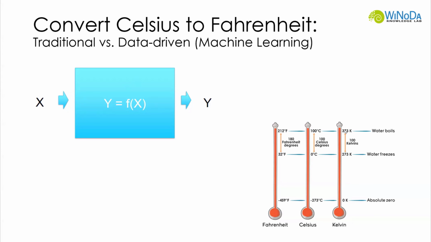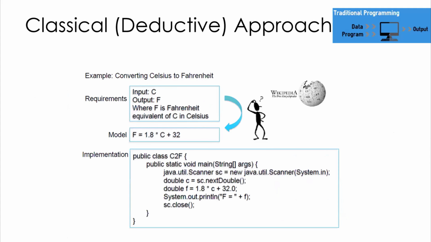Good. What we usually know are these scales, so we can calculate or convert between Fahrenheit, Celsius, and Kelvin, and probably whatever else is out there. How do you approach this with the traditional approach? You know how to convert it because you got it from Wikipedia, or it's well known, or you have some physics books and can read it from there.